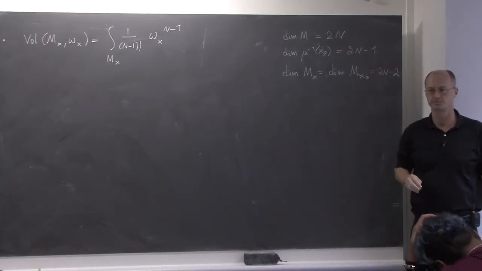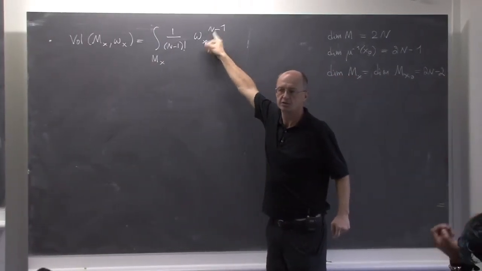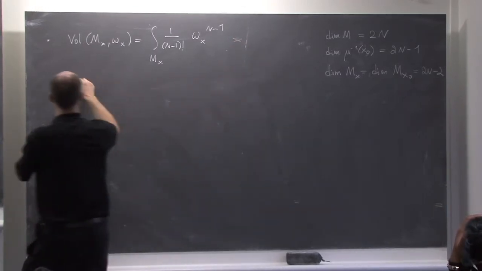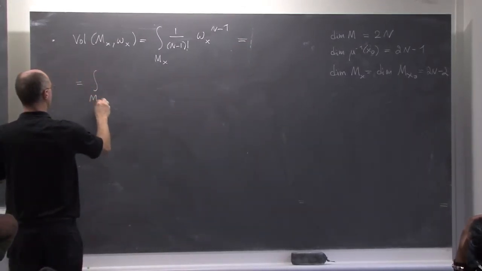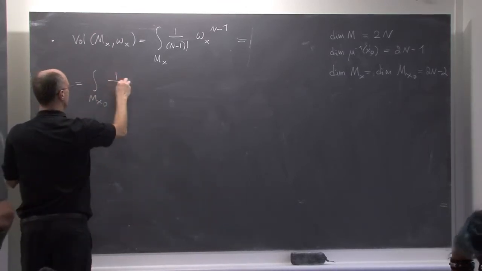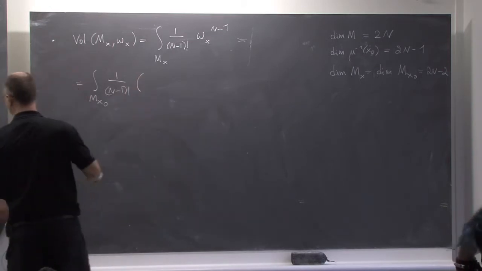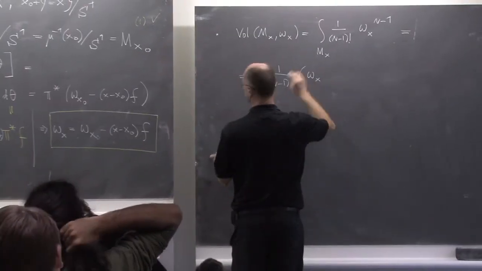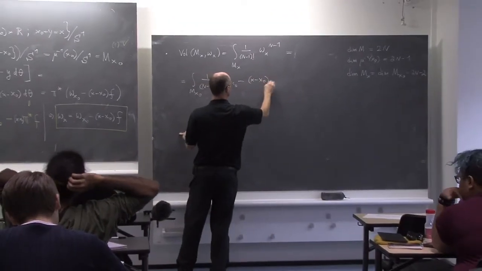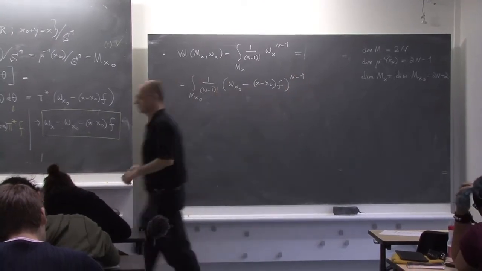So that's why here we take the degree n minus 1. So now this is the same as an integral. I now identify all the reduced spaces. I have 1 over (n minus 1) factorial. And here, well, I just substitute my formula, omega_x0 minus (x minus x0) f to the power n minus 1.